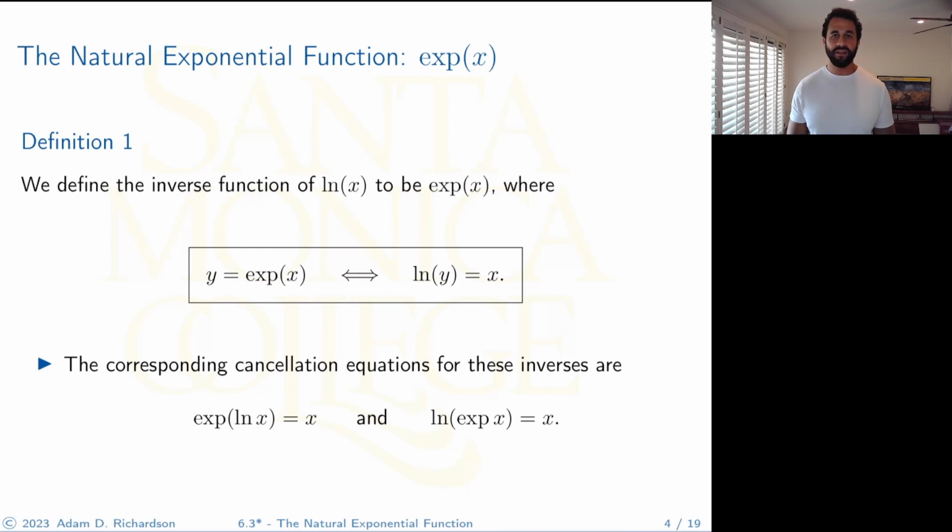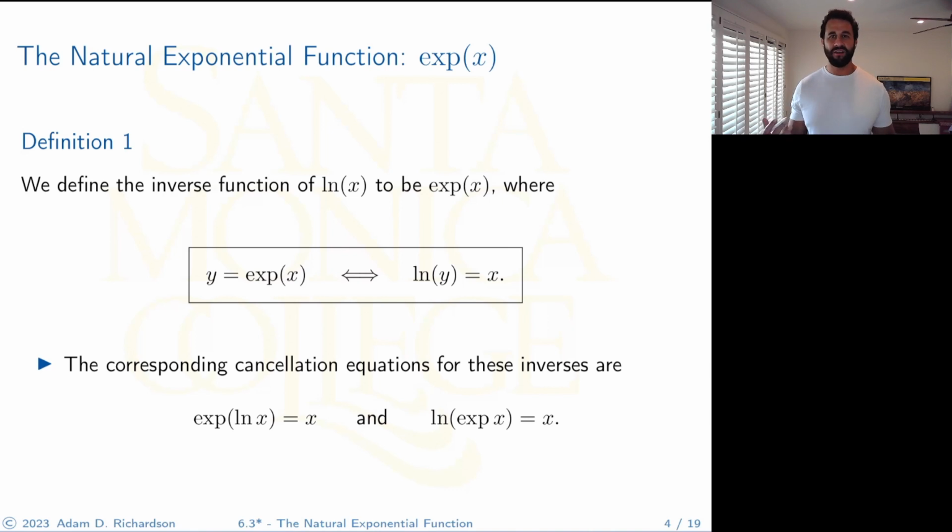So we're defining the inverse of this log function, which we know exists, to be exp, the natural exponential function. More specifically, we say that y is equal to exp of x if and only if ln of y is equal to x. So that's how it's defined.